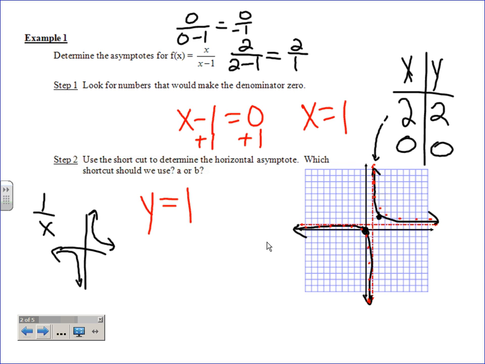Now, what I want you to do is think why this shortcut works. Do you agree as x gets big out this way, like maybe 10 or even 100, or maybe way down in Mr. Brooks's room at 1,000,000? Imagine if you put 1,000,000 in here. 1,000,000 in for x.